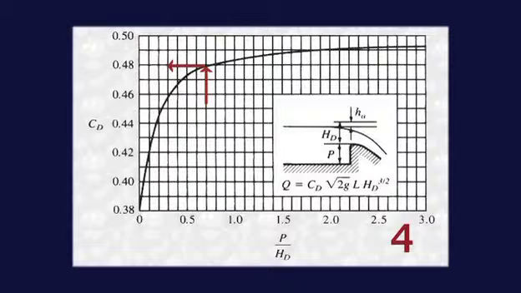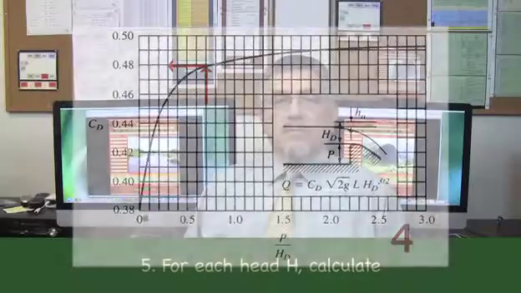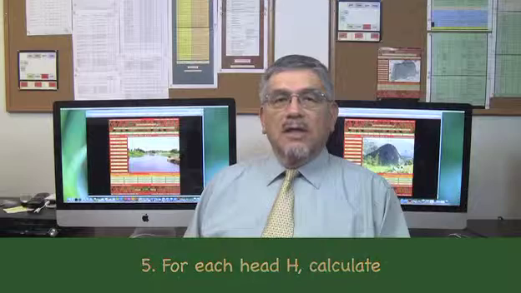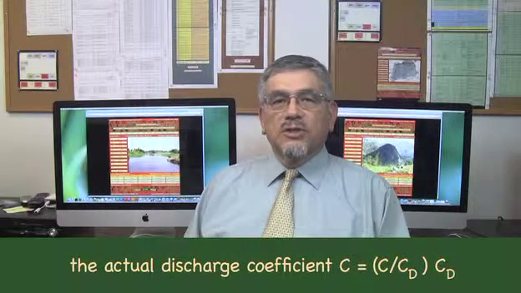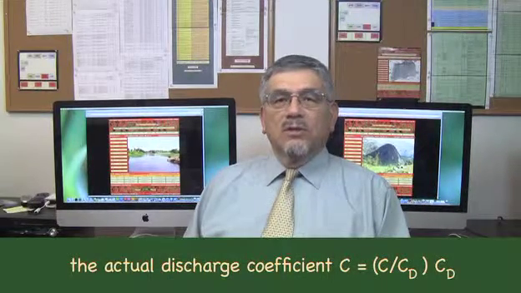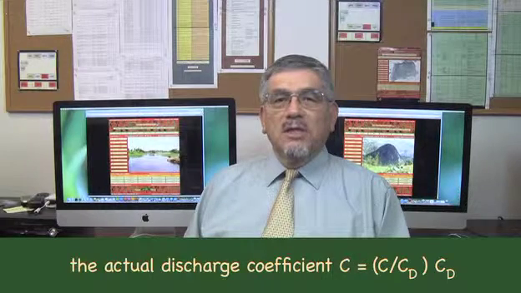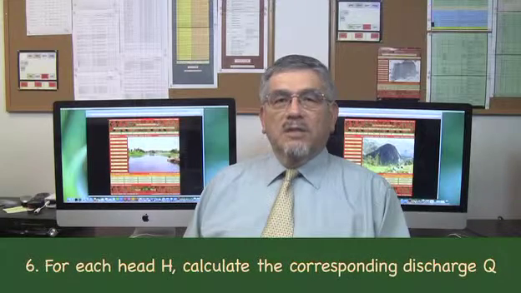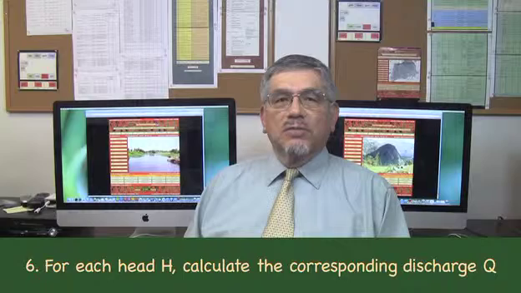Given the spillway height P, calculate the relative spillway height P over H sub D and enter this figure to determine the design discharge coefficient C sub D. 5. For each head H, calculate the actual discharge coefficient C equal C over C sub capital D times C sub capital D. 6. For each head H, calculate the corresponding discharge Q.